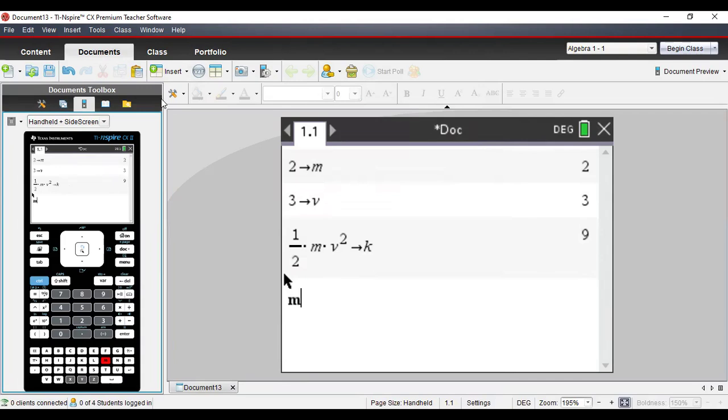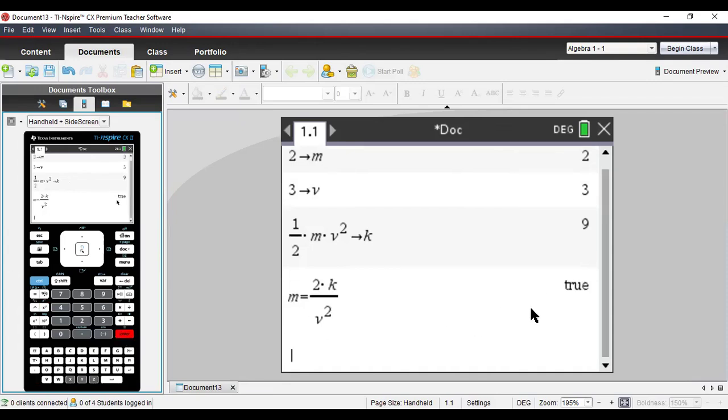M equals, I need a stack fraction, 2K over V squared. So I got V and then I square it and then I see what I get. It says true. That's my answer. I can stop.